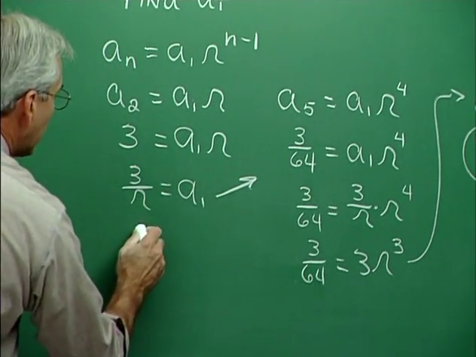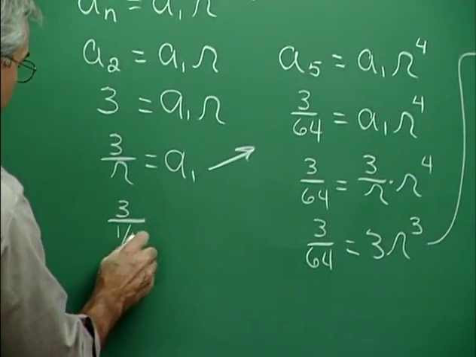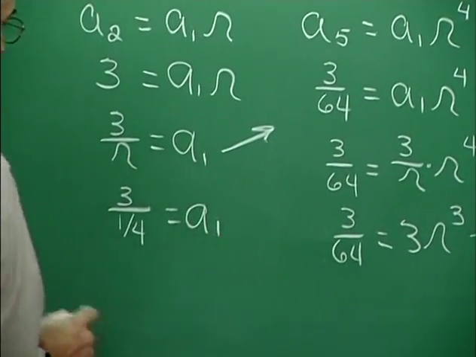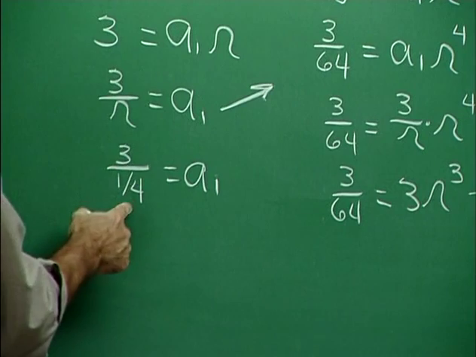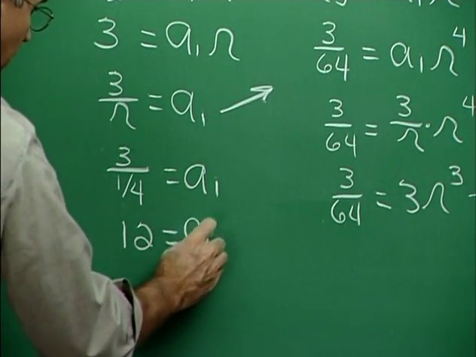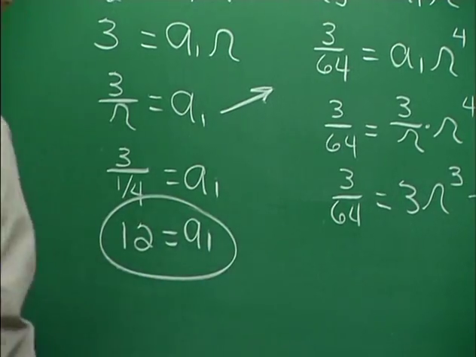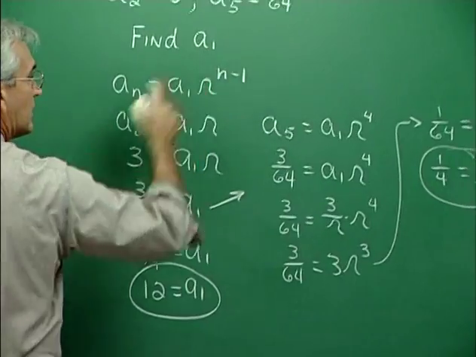This is 3 over r, and r was 1/4. Now, 3 divided by 1/4 is 3 times 4 over 1, that's 12. So a sub 1 is 12. It turns out that this is what I was looking for, the value of a sub 1 in this problem.